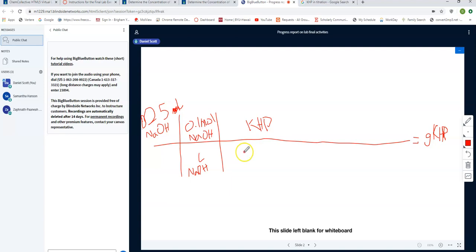Do you know the molar mass of KHP? I don't know the molar mass. I know they had a ratio of 1:1. Yeah, that's good. I'll look it up. So that's 1 mole of KHP, 1 mole of sodium hydroxide. And the mass is 204.22 grams per mole. 204.22 grams of the KHP, right?